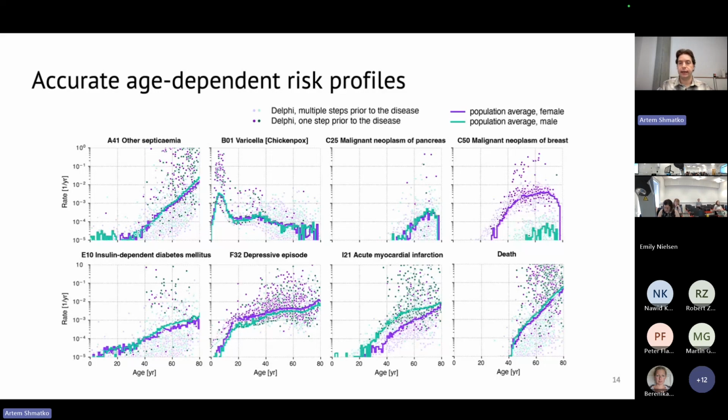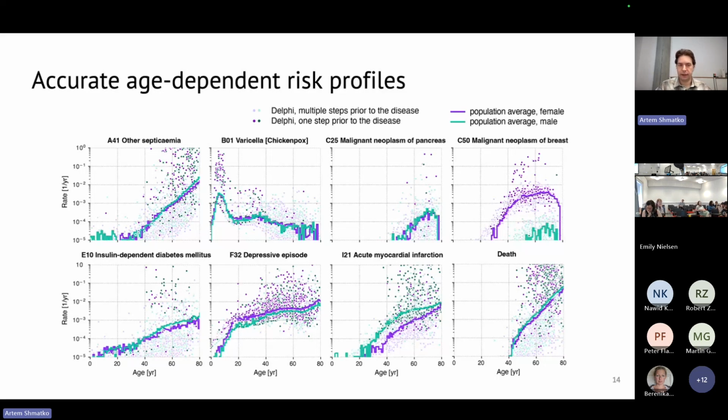In the bold starred line, we see the population average. That's the ground truth disease rate that is calculated from the biobank data. And as the dots, we see the prediction our model Delphi made for these individuals.